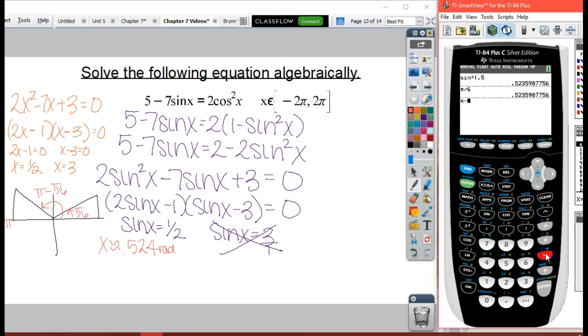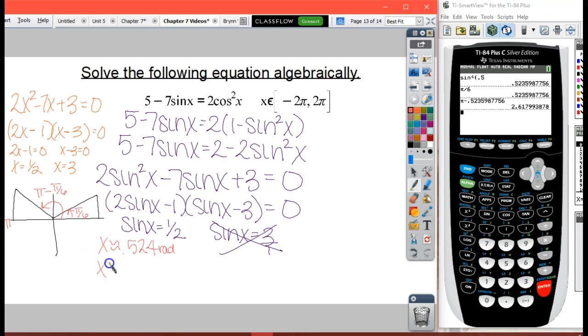So pi minus that number, and my other solution will be 2.618 radians. And to find more answers, I know that I would then have to add one full revolution, which since we're in radians would be increments of 2 pi n.